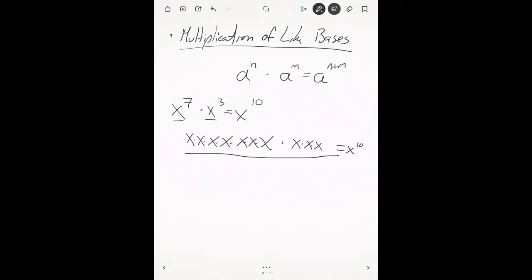So then if I look at the problem, x to the 4th times x to the 10th, that's a multiplication sign. This is going to be x to the 14th. And if I had, for example, 2 to the 3rd times 2 to the 14th, that is going to be 2 to the 17th.